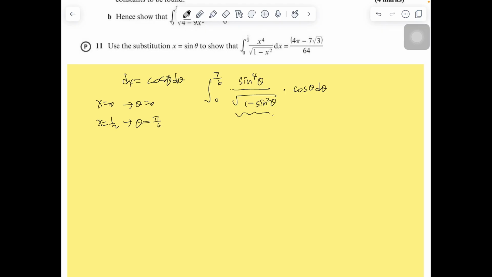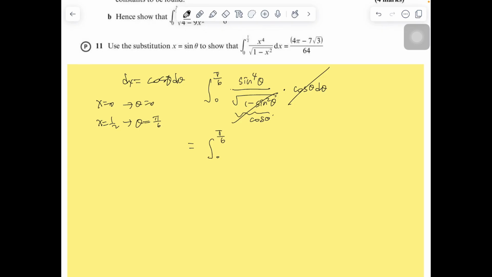So when we apply this square root, this becomes cos theta. So now we can cancel out. So integral 0 to pi over 6 of sine to the power of 4 of theta d theta.